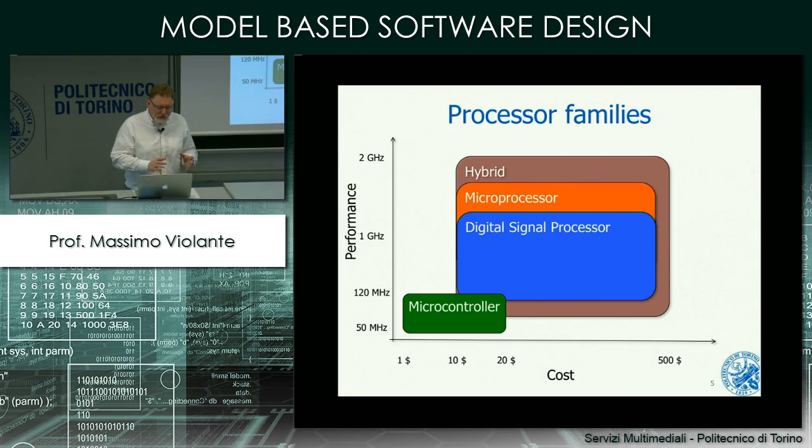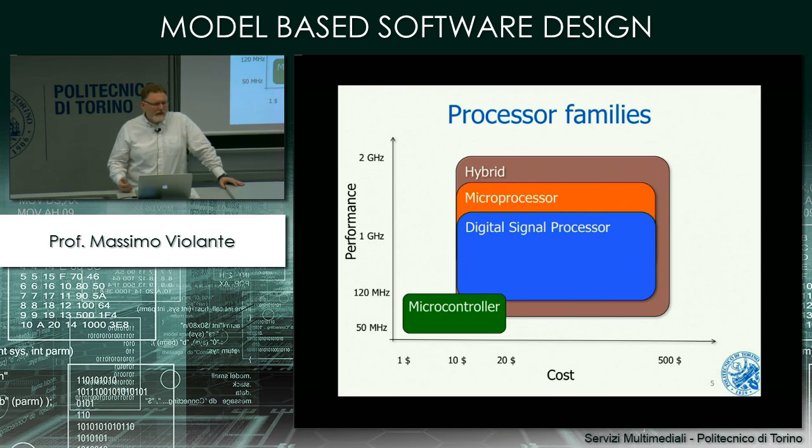that can be somewhat defined by taking into consideration cost on one axis and performance on the other. So cost is the number of dollars that you have to pay for buying one item of that specific processor family. The performance is a measure of how fast or capable the processor family is to execute software.